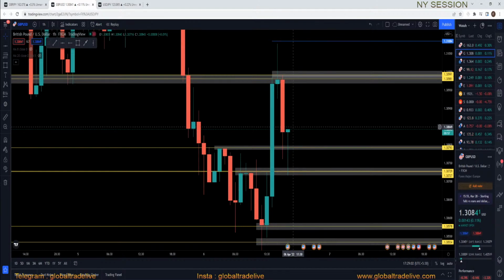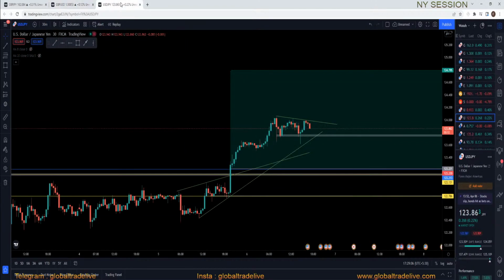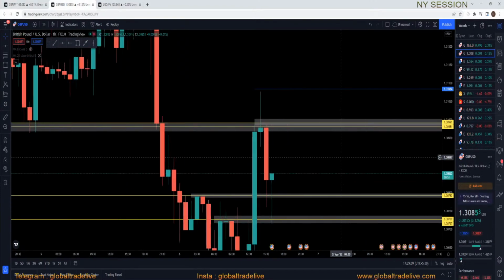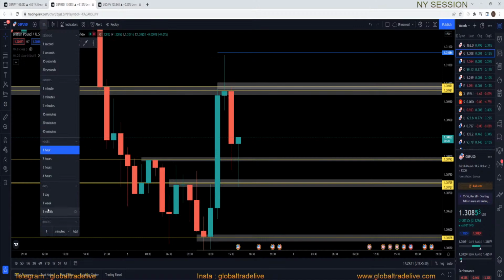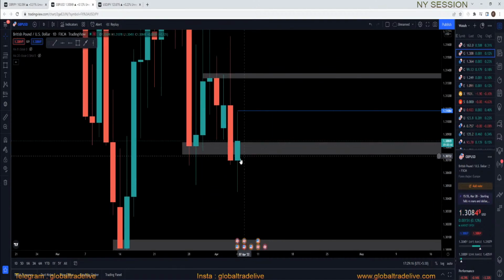So let's see how this candle closes, and based on the closing of this candle, I'm gonna plan my trade. Because the main thing is that the daily of GBP USD looks like it's gonna close down below this area today, so that tomorrow's candle can wake up and go down.